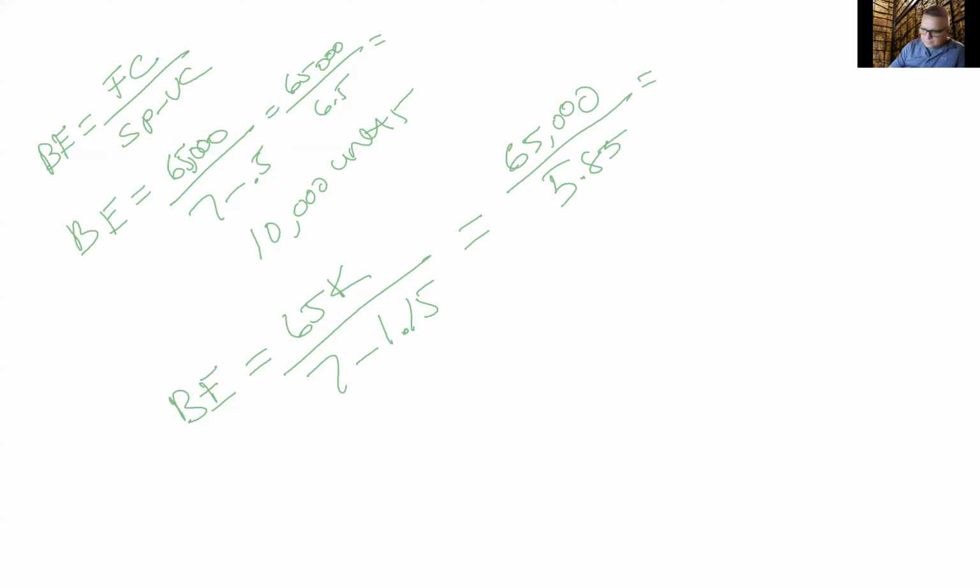So 65,000 divided by 5.85 comes to about 11,112. You're going to have to sell 11,112 units at this point to break even.